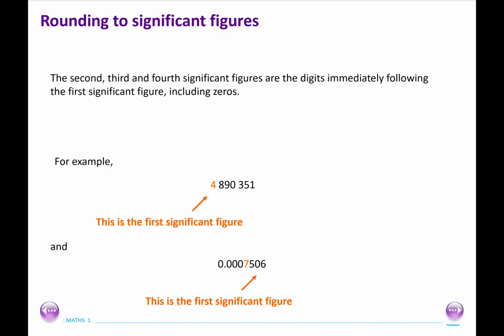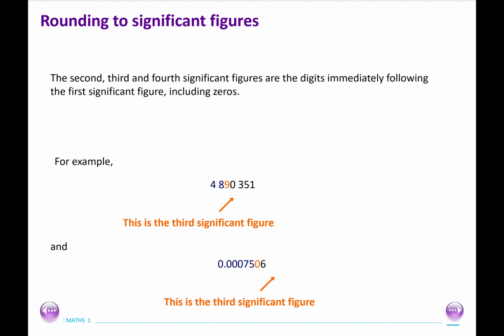Let's try a few more. The first, second, third, and fourth significant figures are the digits that are immediately following the first significant figure, including the 0. For example, this 4 is the first significant figure. The 8 is the second significant figure.